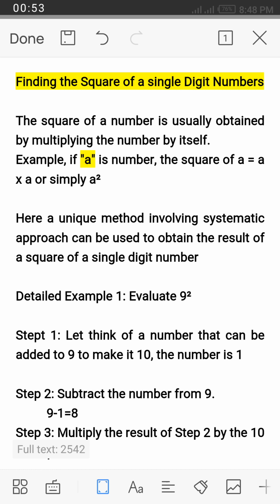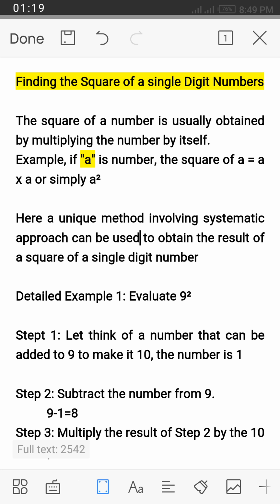Here we have a unique method of doing this. This unique method usually involves a systematic approach, and it can be used to obtain the square of a single digit number. What do we mean by a single digit number?